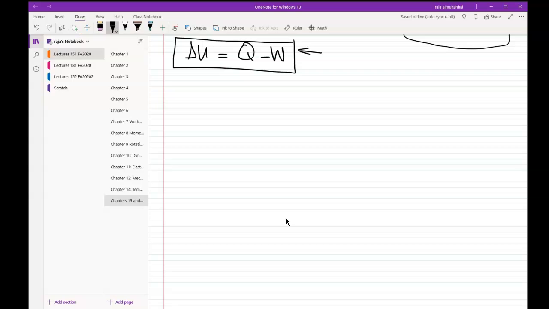Let me show you some examples to help you understand this formula. Well, before I do the example, sorry, let me just give you some more information on it, and then we'll do a bunch of examples.